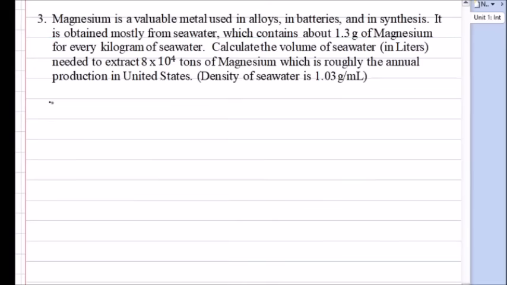Okay, so ang gawin natin, magsimula tayo dun sa 8 times 10 raised to 4 tons of magnesium. So, ang gagamitin natin pang-convert ng tons papuntang, let's say, pounds. Okay, siguro sa pounds muna tayo.